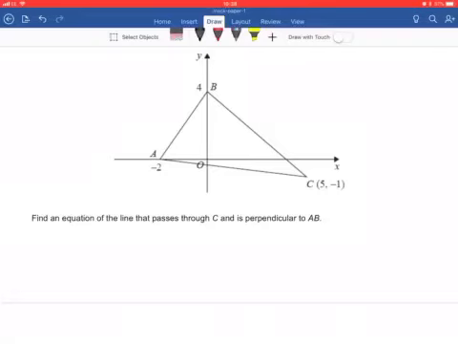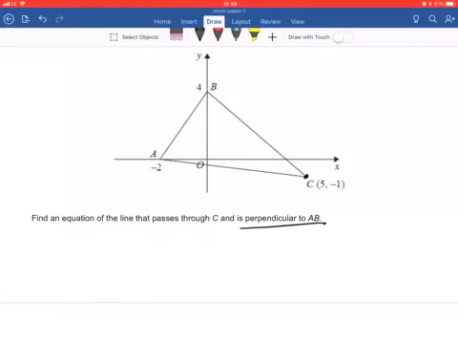Hello again, guys. Let's have a look at another equation of a straight line, y equals mx plus c type question. It says find an equation of the line that passes through C, this point here, and is perpendicular to AB.